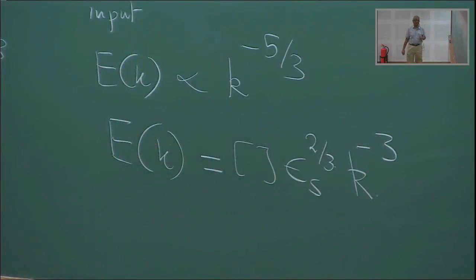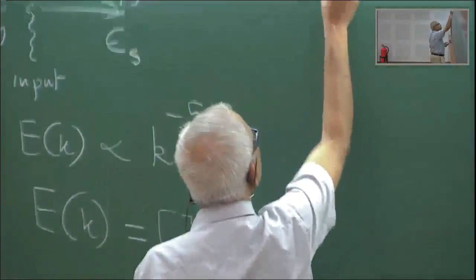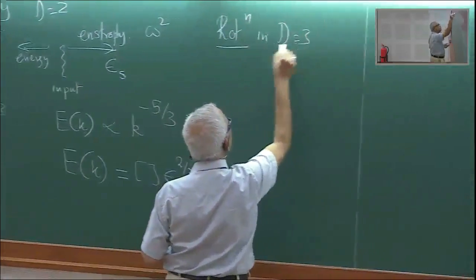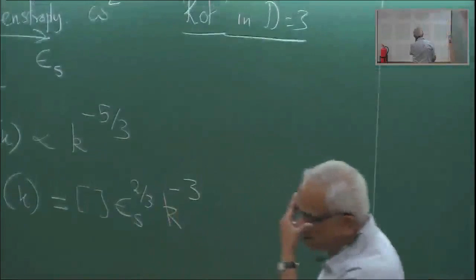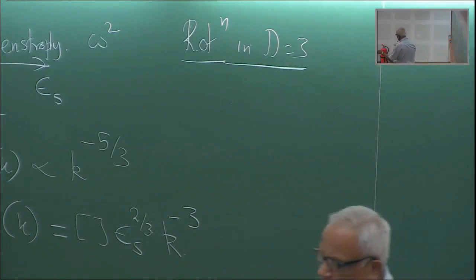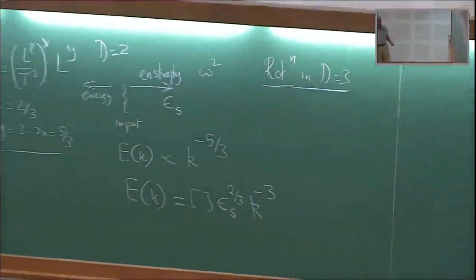So that's something which, and finally I had said that there is this rotation, the rotation in d equal to 3, and that I had said sort of two-dimensionalizes, but not in the way you would want. It is not a two-dimensional velocity vector in a 2D plane.